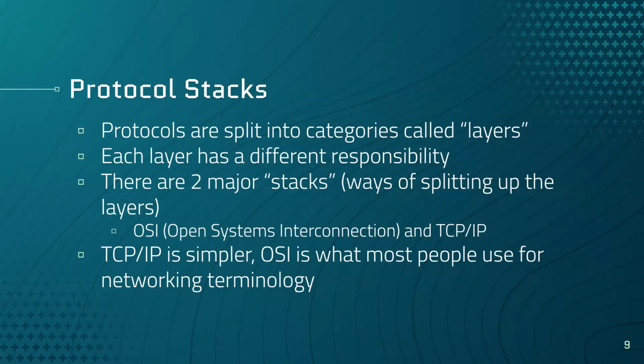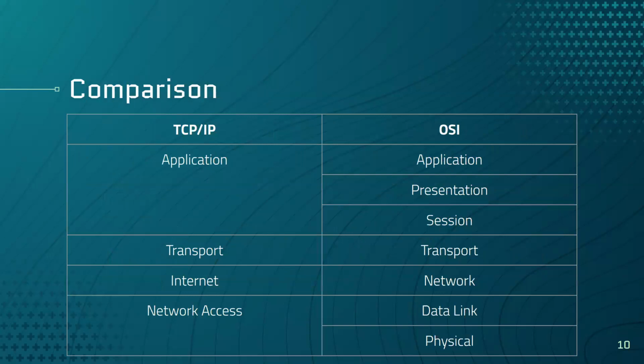They're called OSI, which is Open Systems Interconnection, and TCP/IP. TCP/IP is the simpler one. OSI is what most people use for networking terminology. It's sort of weird, so I'll show it on the next slide. TCP/IP has protocols split into 4 different layers, and OSI has them split into 7. Basically, the transport layer is the same.